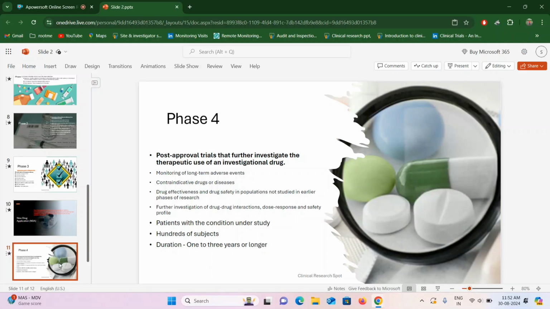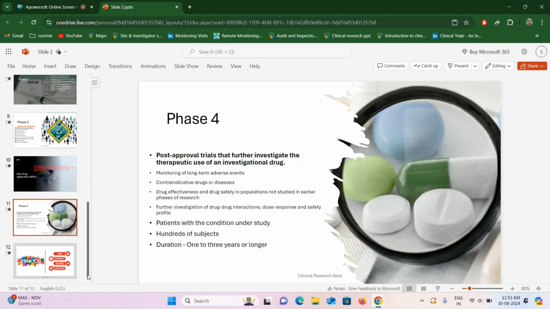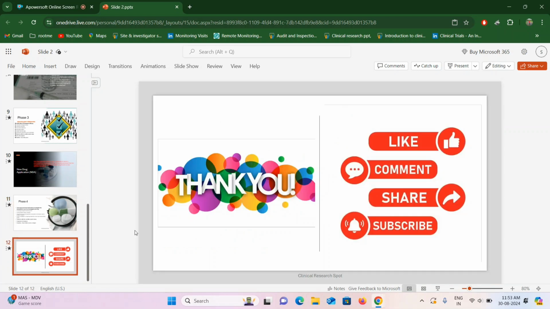All these phases are designed to learn if the new treatment is more effective or has less harmful side effects than the existing treatments. To confirm these things, we conduct all the clinical trial phases.